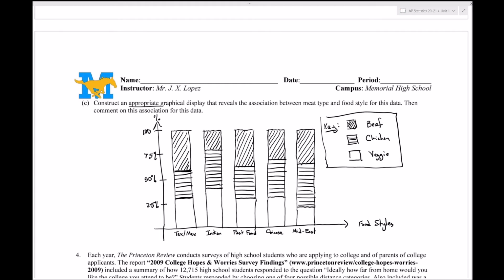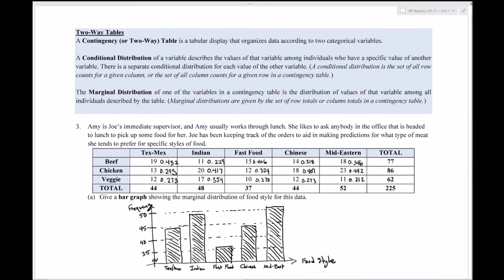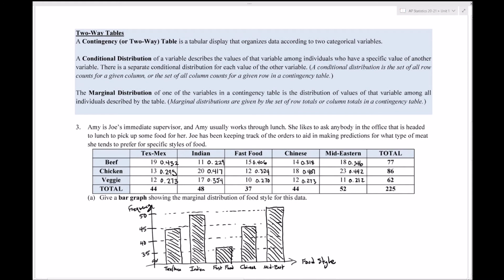So since what we did was we showed the percentages of meat type within the food styles, then I'm going to compare the percentages of meat type for each food style. So then you start looking at the sizes, the relative sizes of these things. And if you look at the numbers that we wrote up there, because maybe my drawing isn't accurate enough, one of the things you'll see, Tex-Mex and fast food, if I go back to the numbers that we wrote here, beef was the one that was most frequent, and vegetarian was the one that was the least frequent.